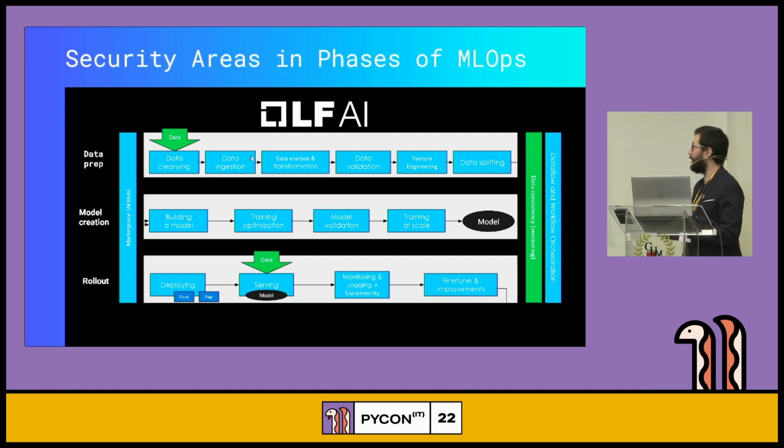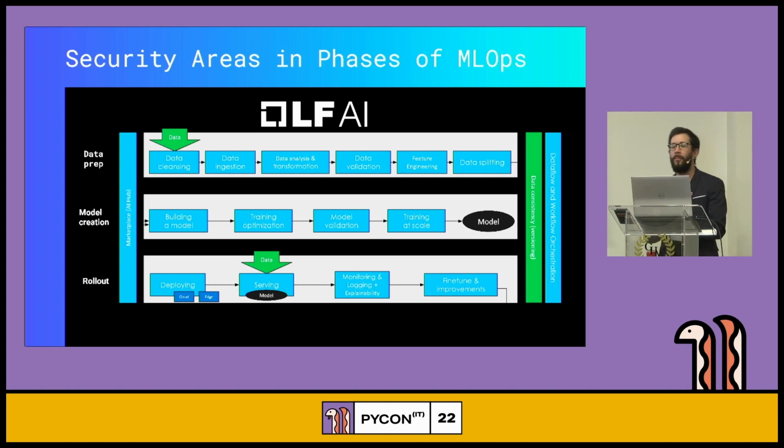Before we actually delve into that, we can see what are the different phases that go in the end-to-end MLOps lifecycle. So this is the LFAI ecosystem that shows how you go from data cleaning to data validation, feature engineering, then you move into model training, model evaluation, and then you go into model deployment, monitoring, et cetera.